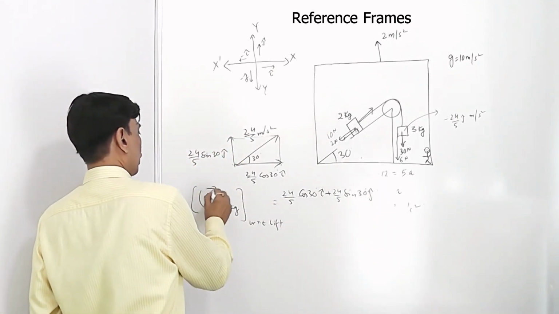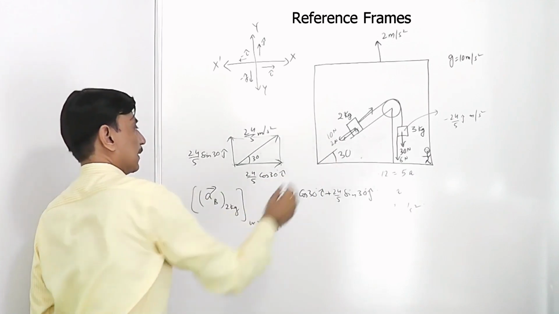This is the acceleration vector of this block with respect to the lift.